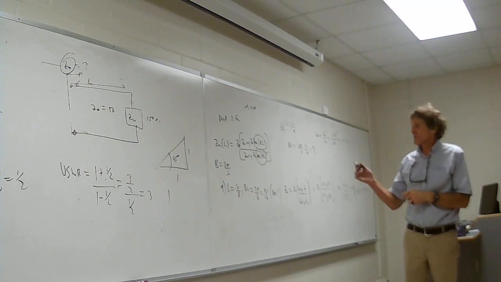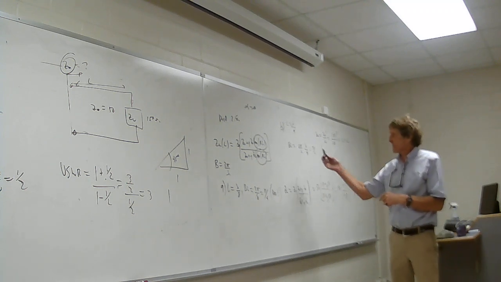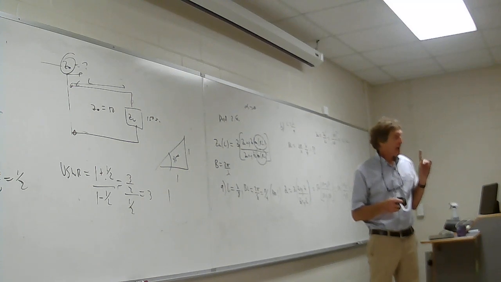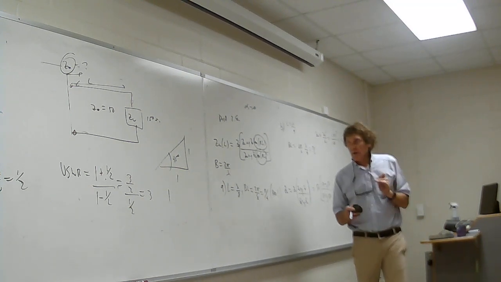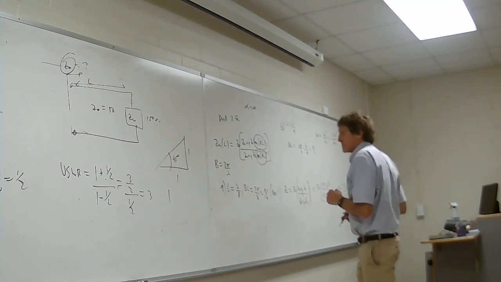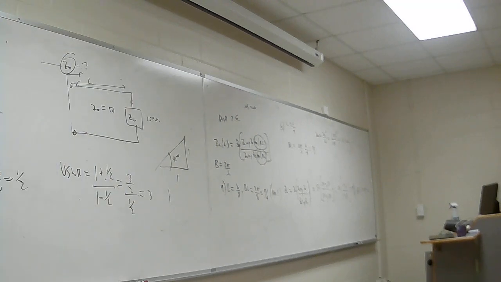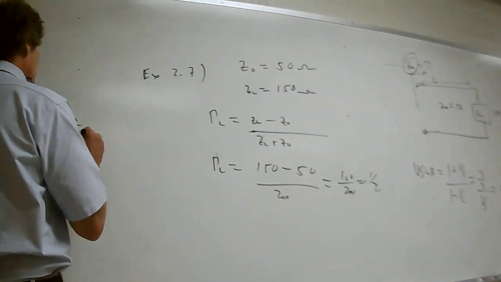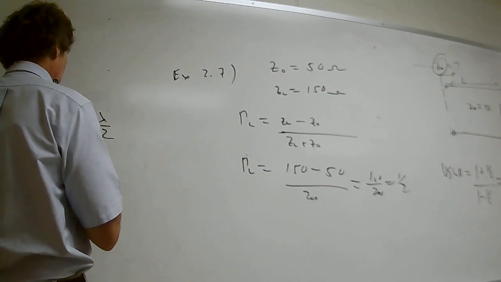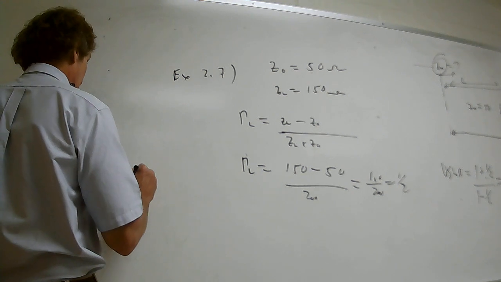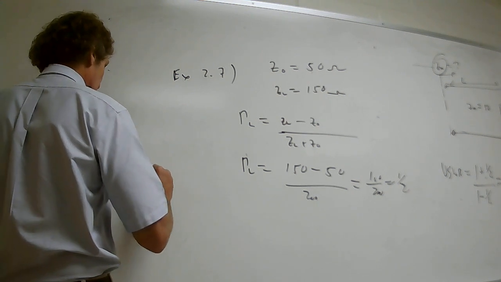So far we looked at lambda over 8 and lambda over 4. Now pay attention. What happens if the length of the line is exactly half a wavelength? If the length is lambda over 2, what is beta L? 2 pi over lambda times lambda over 2 is pi.